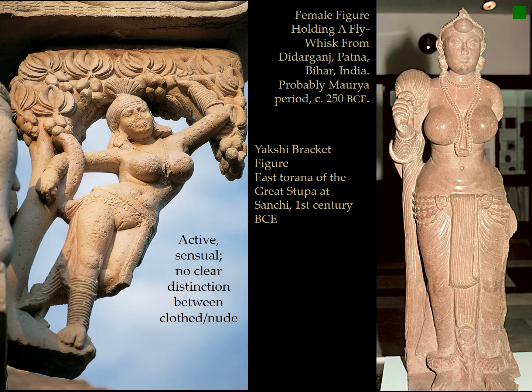We have this notion of a very active and sensual figure here who is dancing, with no clear distinction between whether or not she is clothed or nude, as we see the outline of the vulva and her breasts here and her abdomen and belly button, all of which are going to be shown, as well as the skirt that she wears. As seen to the right with the female figure holding a fly whisk from 250 BCE, this tradition of fleshy forms and nudity is going to carry on in India.